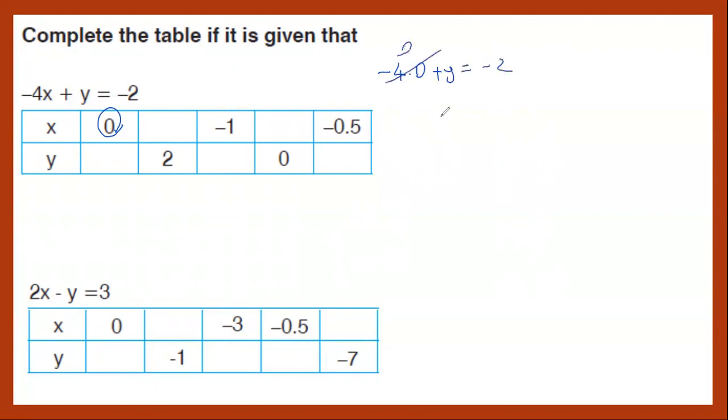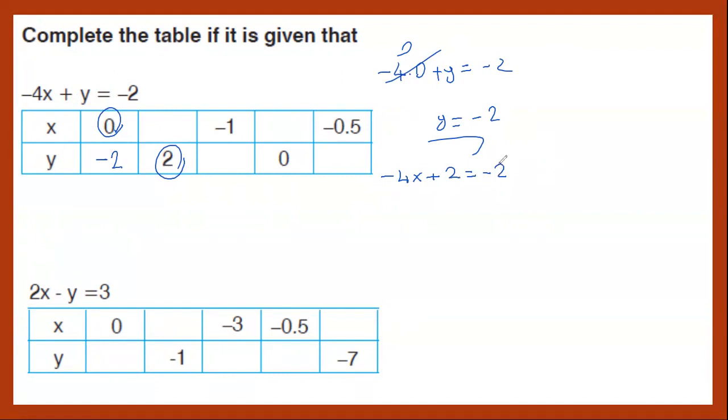So that will be 0. y will be negative 2. Then it will be negative 2. Finished. But here, you have y equals 2. You put that 2 instead of y. Negative 4x plus 2 equals negative 2.